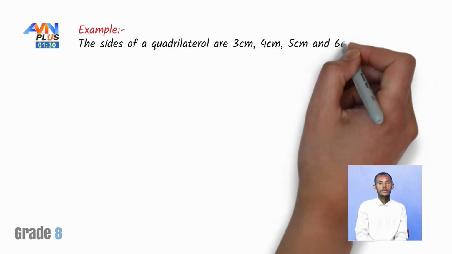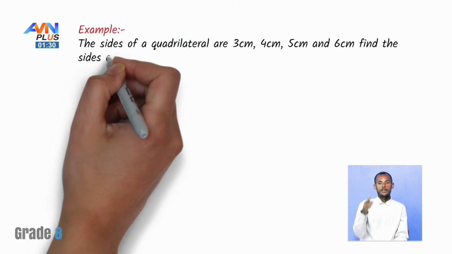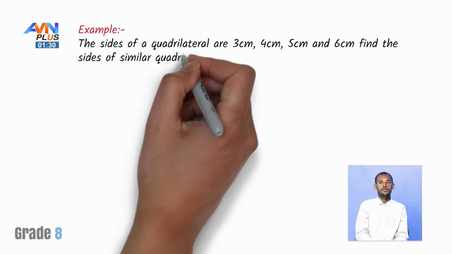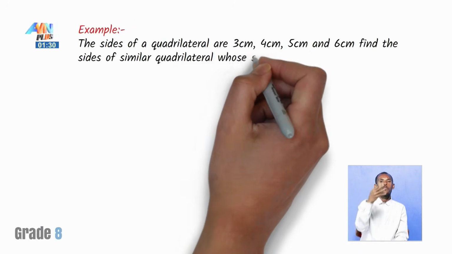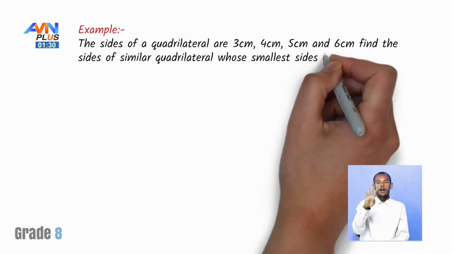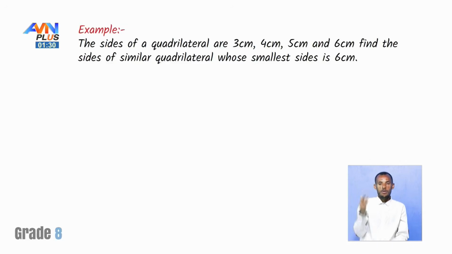The sides of a quadrilateral are 3 centimeter, 4 centimeter, 5 centimeter, and 6 centimeter.